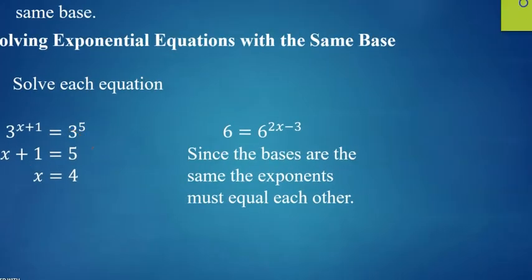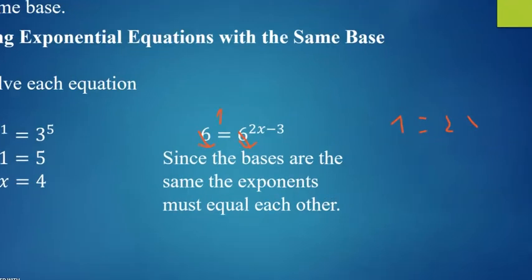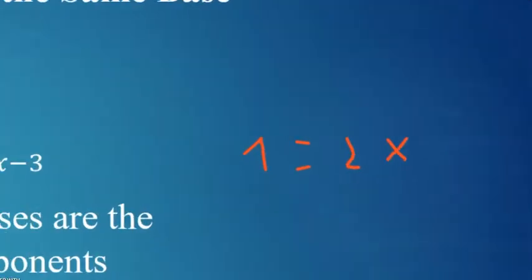Okay, let's go to the second example for our exponential equation, guys. First of all, 6^1 is equal to 6 to the exponent of 2x minus 3. As you know, x to the 1 is just a first power. When the bases are equal, we can easily eliminate the bases. So then we got what? 1 equal to 2x minus 3.